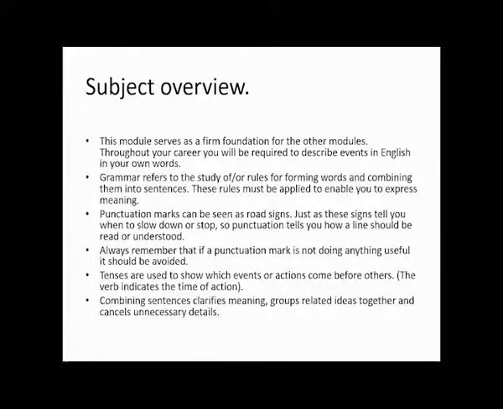We also have a look at the different verb tenses, which are simple present tense, simple past tense, simple future tense. We have the present continuous tense. We have the past continuous tense.